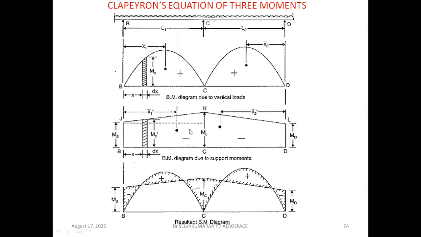Now this is MB, MC, MD, shown by the vertical line. So this is the bending moment diagram due to support moments.